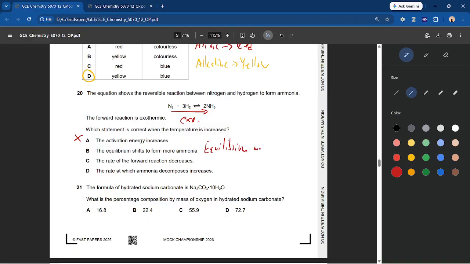So this is also wrong. The rate of the forward reaction decreases? No, it increases. And the rate at which ammonia decomposes increases. So yeah, we eliminated all of the other answers, and this is correct. So 20 is D.